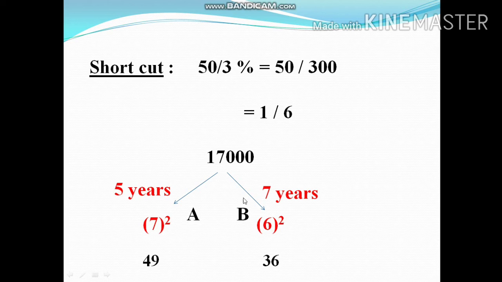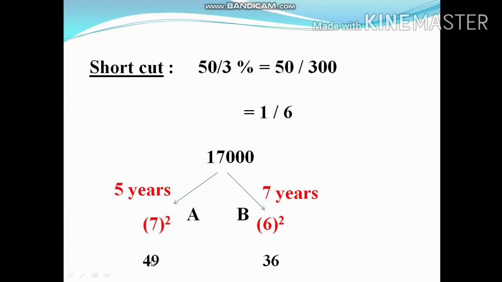The difference between the years, 7 minus 5, is 2. This 2 becomes the power for the principals. So A receives the principal 7 square and B receives the principal 6 square.